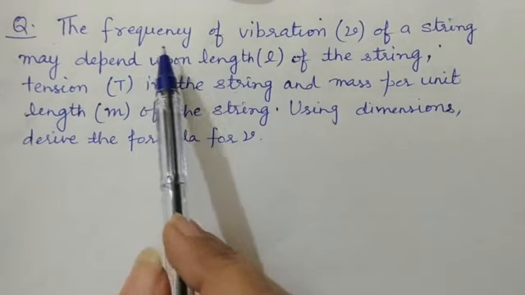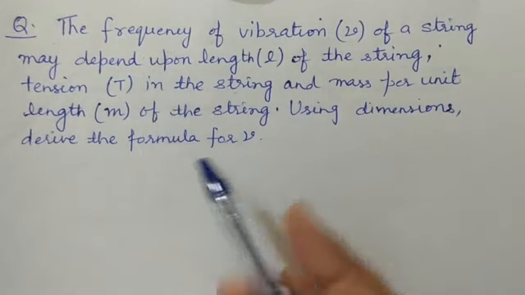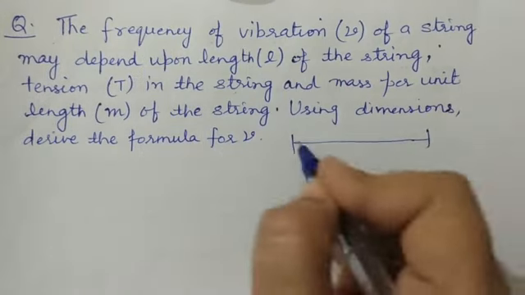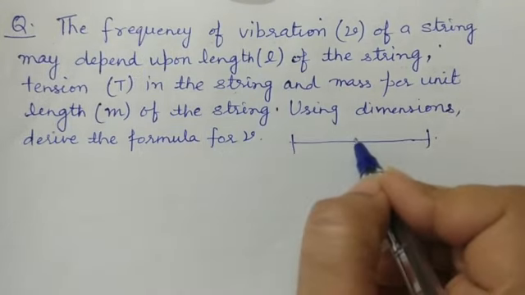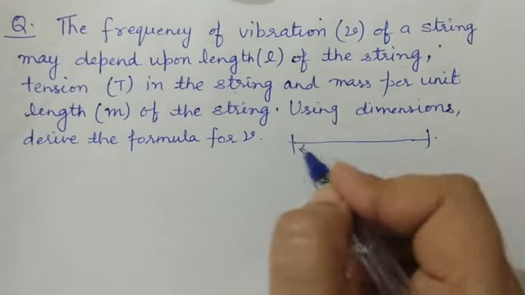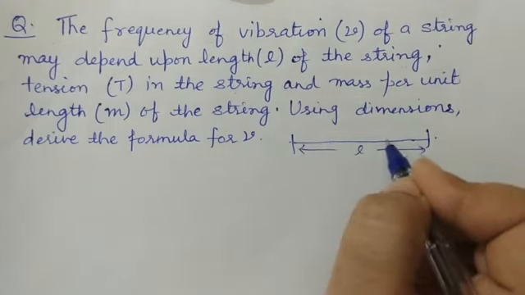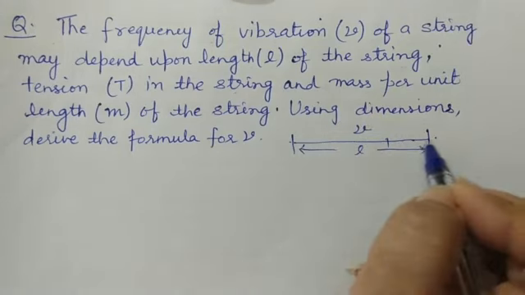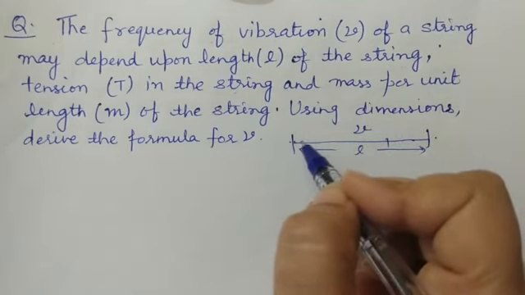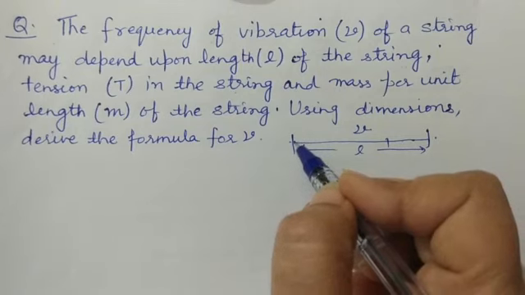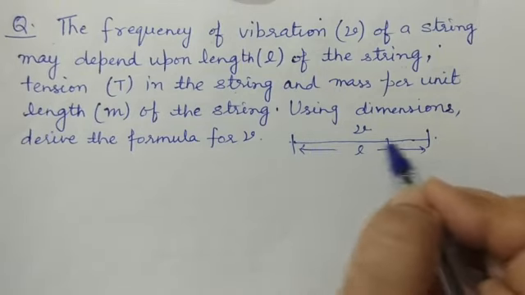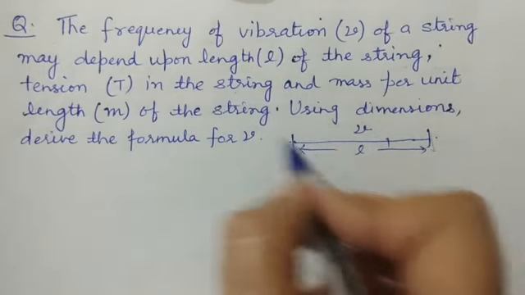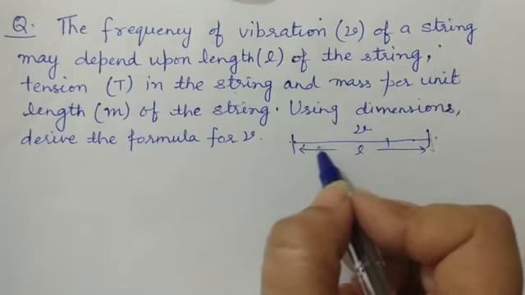This is for a string which is clamped on two sides, here and here, and its length is L. When it is vibrated, it vibrates with frequency nu. Tension means how tightly the string has been fixed on these two clamps. And m here stands for mass per unit length of the string.